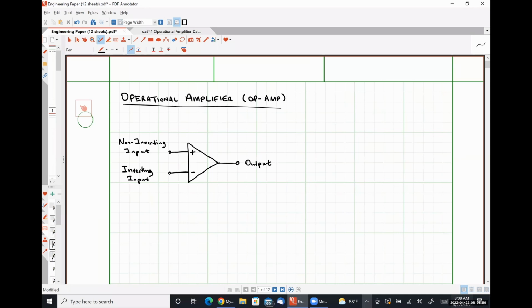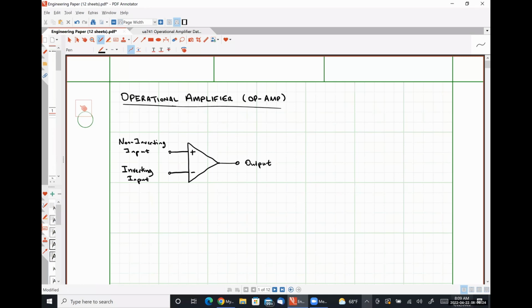So this is what would be called a voltage amplifier, because voltage goes in, voltage comes out. There are multiple other types of amplifiers, none of which we're really going to discuss in this class. I just wanted to make you guys aware of that. So when it comes to the circuit analysis that we're going to do in this class, these are our three terminals that we're actually going to pay attention to, okay?